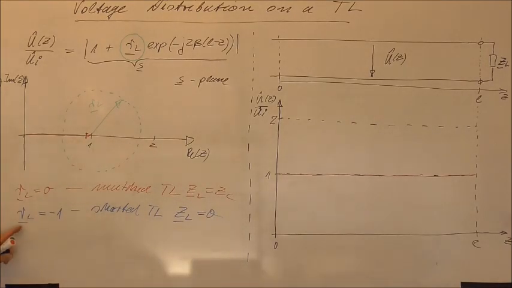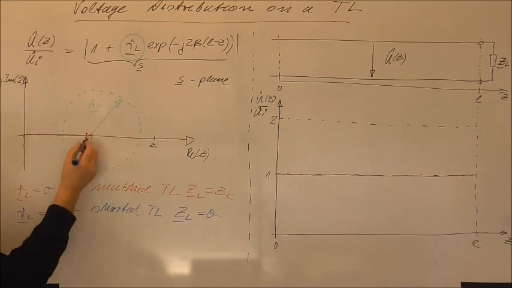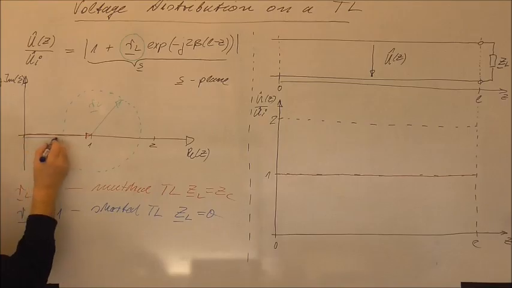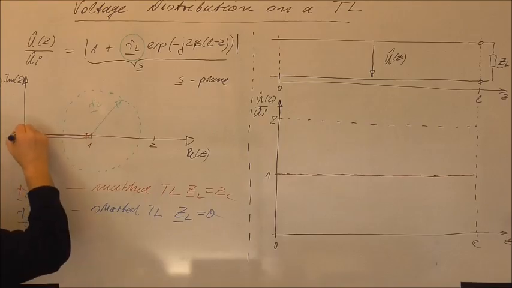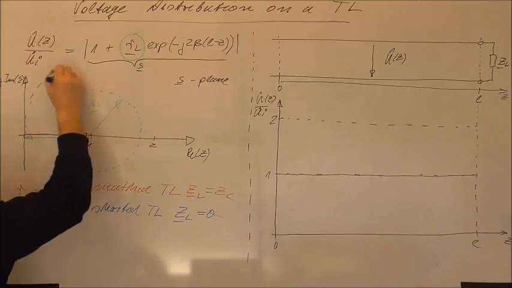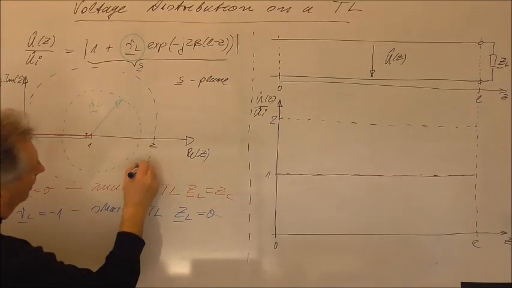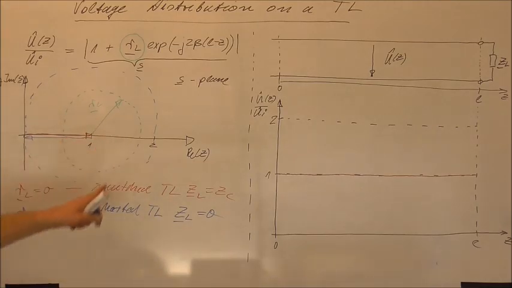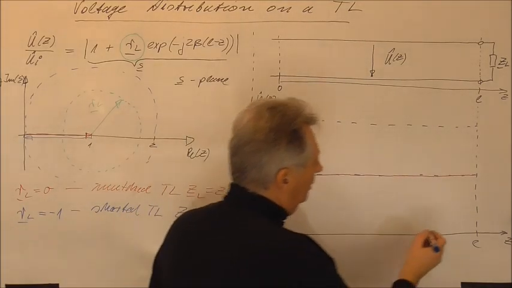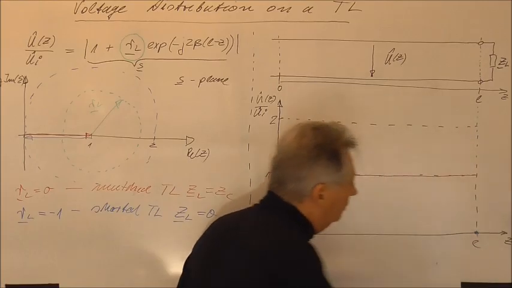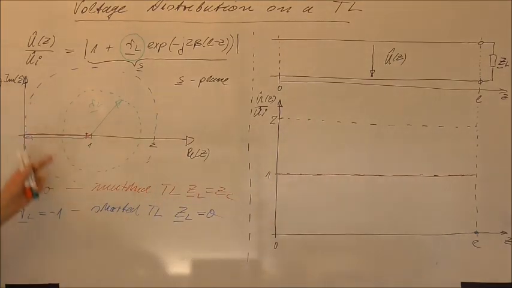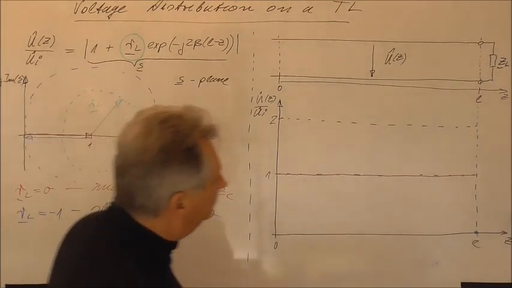And if RL is -1, then we will start here, at 1, -1, and again we go in clockwise direction. So we will start at 1, go to the 2 and go back. And you see now that at the end of the transmission line, due to the short circuit, there will be no voltage at all.